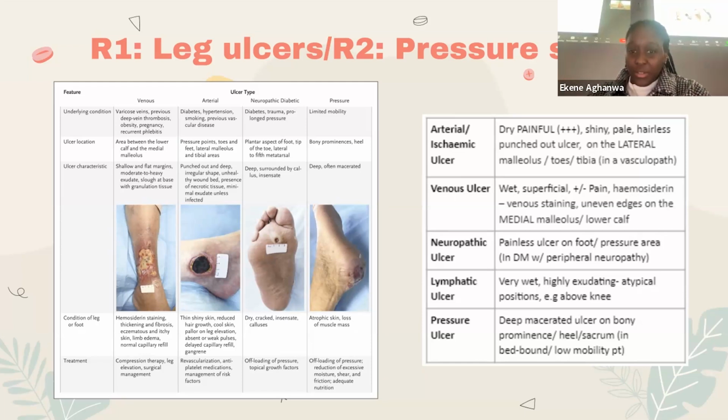It's more superficial than an arterial ulcer as well. A neuropathic ulcer will occur on high pressure areas, like the bottom of the foot, and they occur in people with diabetes and peripheral neuropathy. And pressure ulcers occur on the bony prominences, and they'll talk about people who are bedbound, very sedentary, and have low mobility.